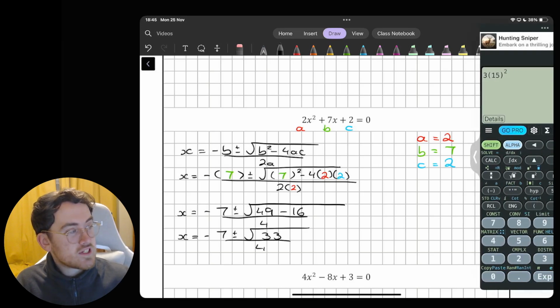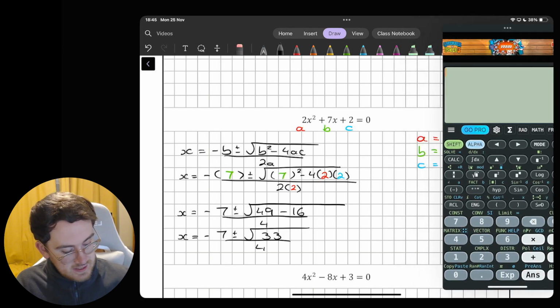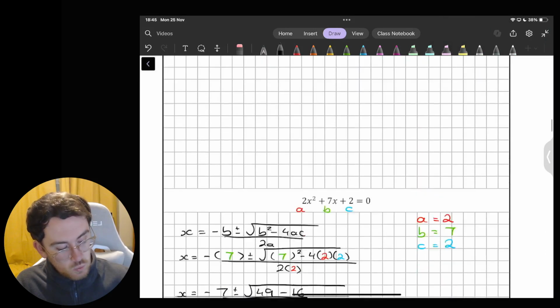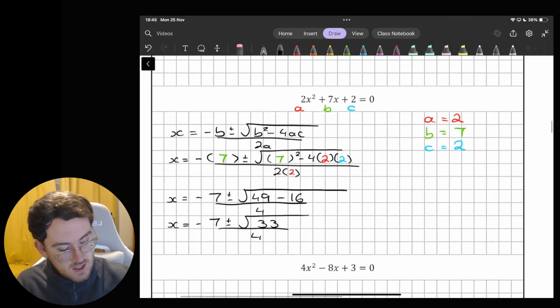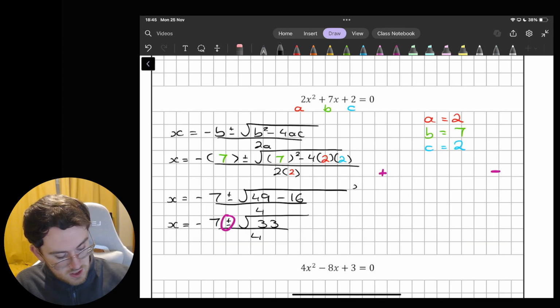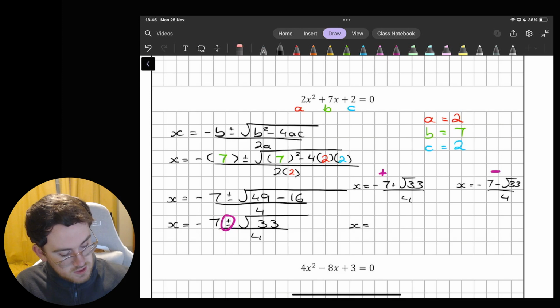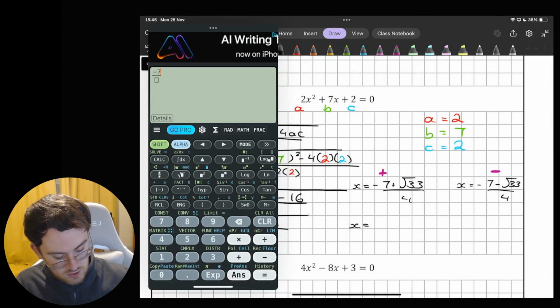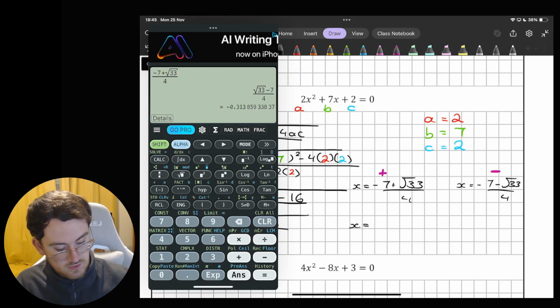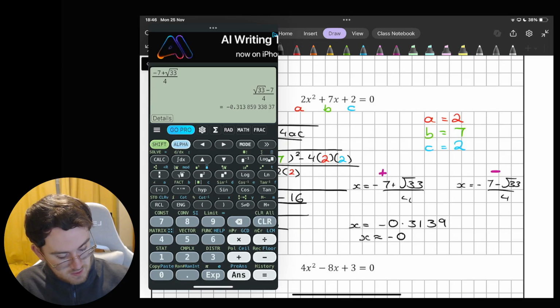And again, I might choose to type that into my calculator to see if I get a better answer here. Did we identify one decimal place as how our answer was requested? So at this point, let's look at the plus and minus aspect, taking them to one side. We'll start with the plus, so minus 7 plus root 33 over 4, and minus 7 minus root 33 over 4. Okay, so typing those into my calculator, again ensuring that it's all typed onto the one line on the top of the fraction, is going to give me minus 0.3139, which to one decimal place is minus 0.3.